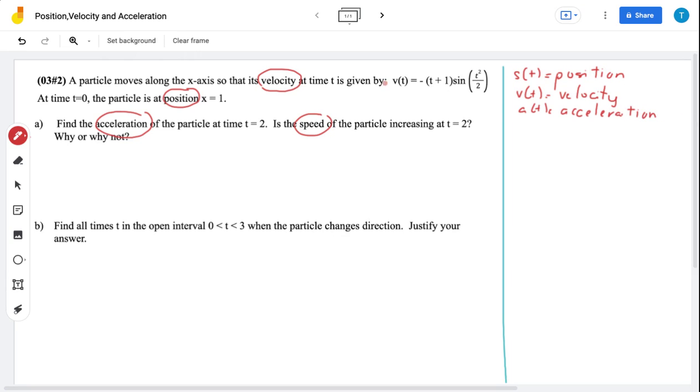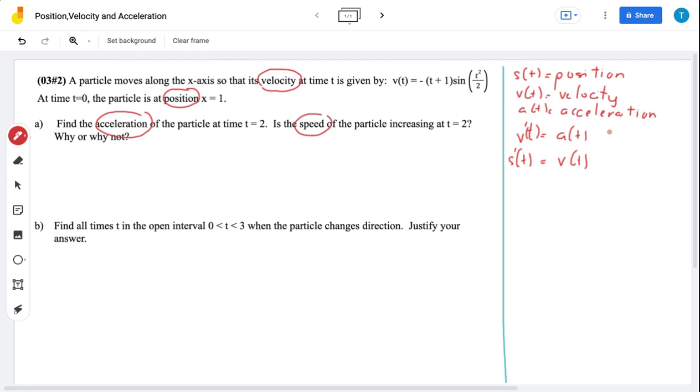The relationship between these functions is that the derivative of velocity is acceleration, and the derivative of position is velocity.